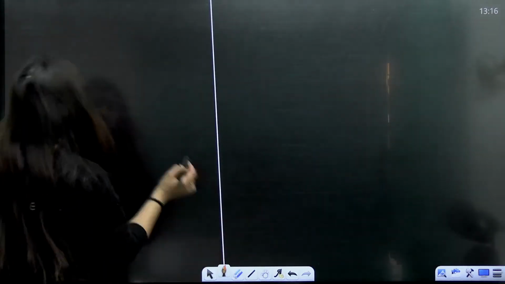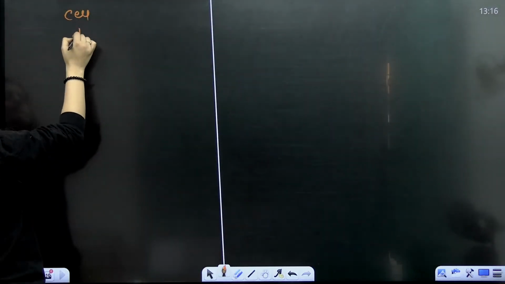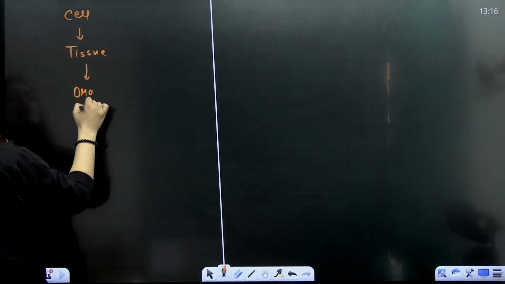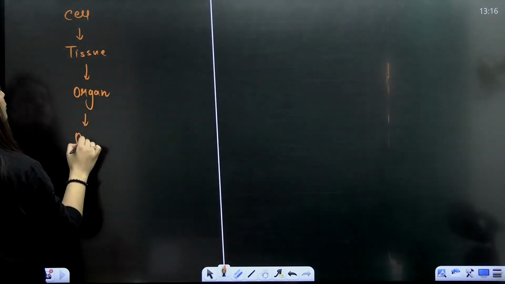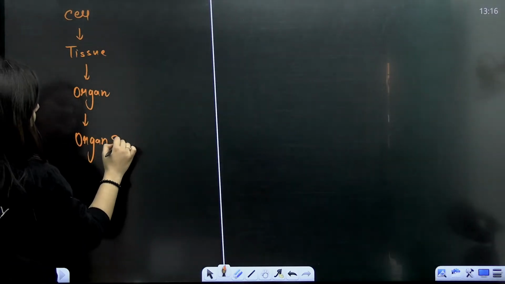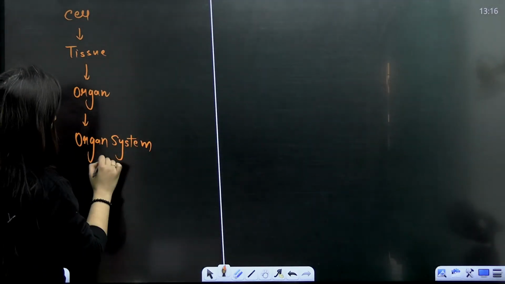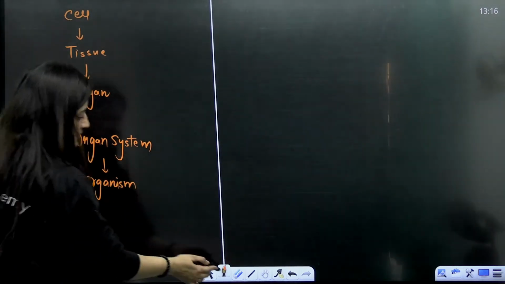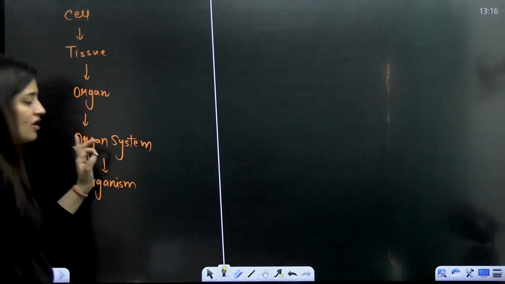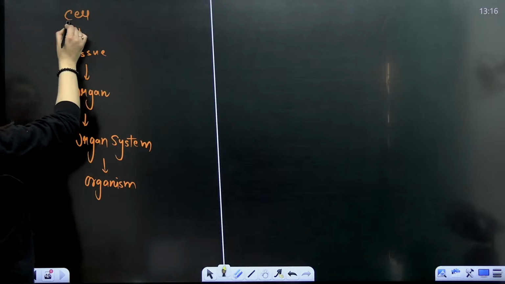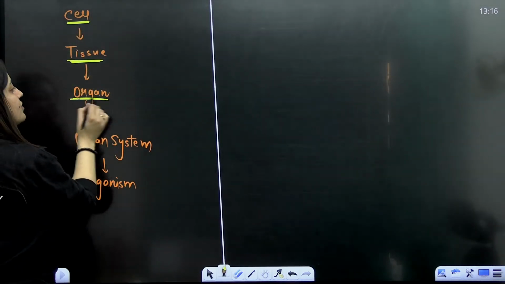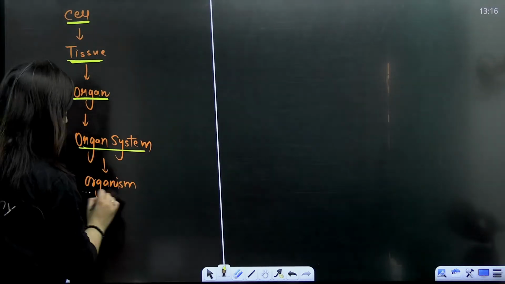So I am writing this part for you again: cells together form tissue, then organ, then organ system, and then there will be an organism. Even in an organism having many organ systems, the cell still has to be there, because the cells together form tissue, tissue forms organ, then organ system and organism.